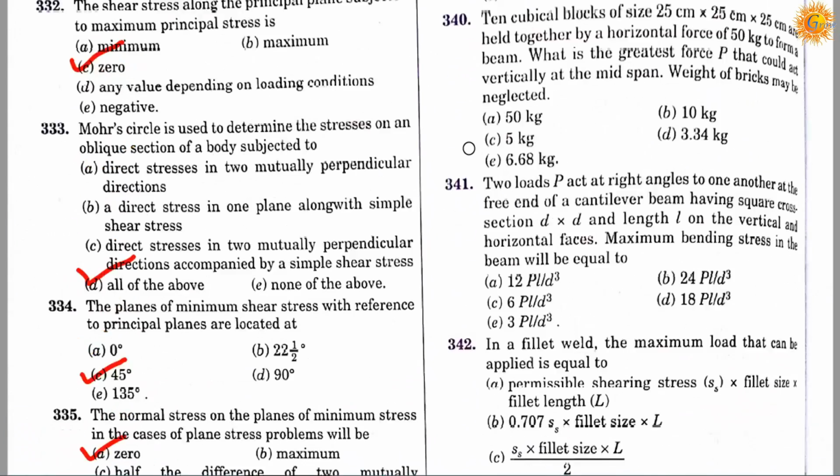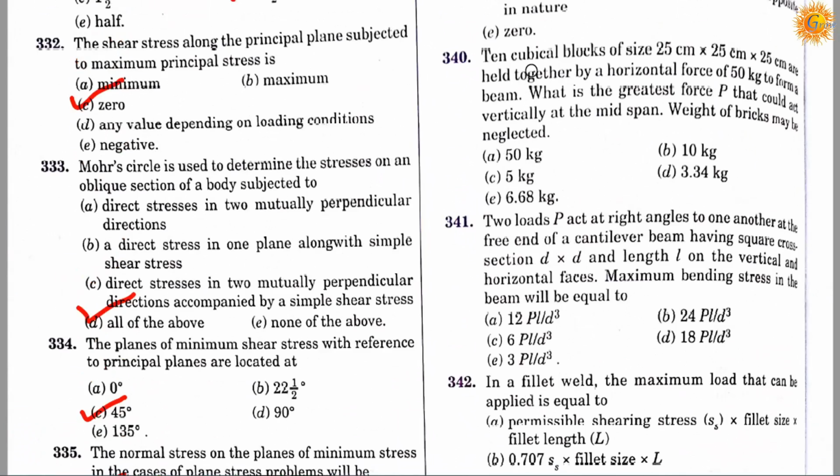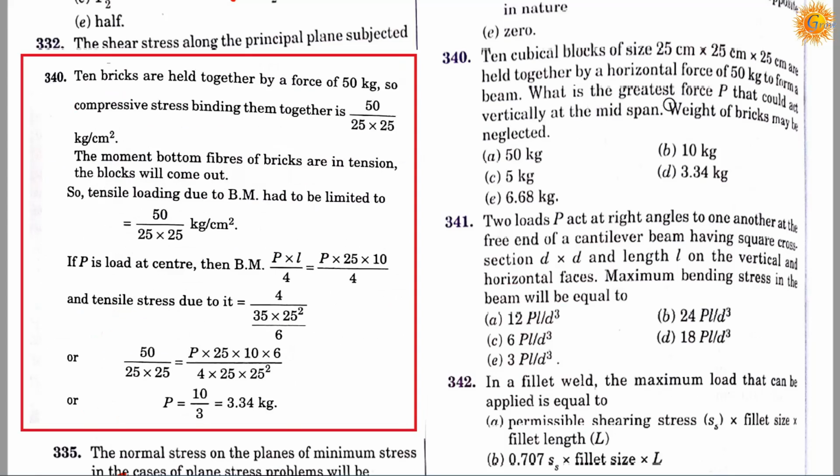Question number 340. 10 cubical blocks of size 25 centimeter by 25 centimeter by 25 centimeter are held together by a horizontal force of 50 kg to form a beam. What is the greatest force P that could act vertically at the mid-span?